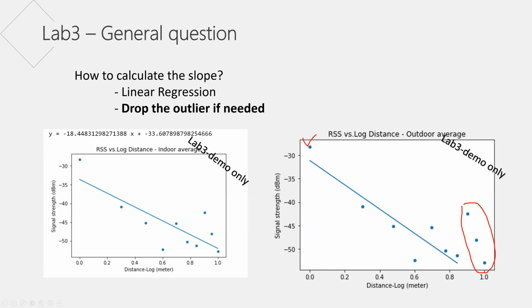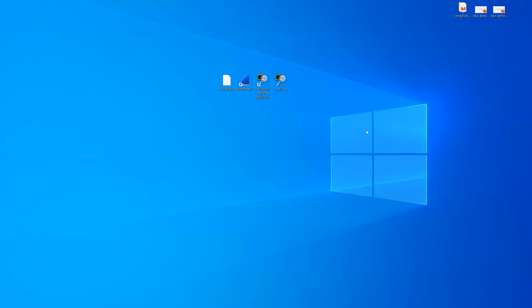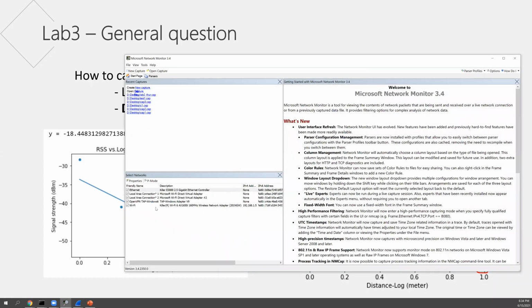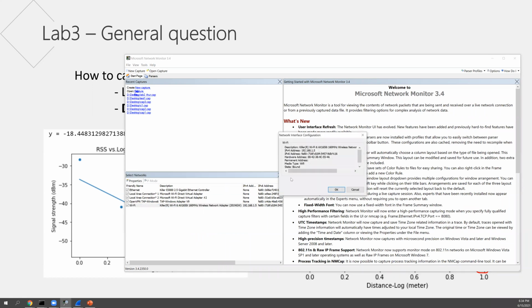Do we need to open monitor mode of Network Monitor when we capture the data? I don't think we can open the monitor mode here. Some computers will be able to do that, but mine is not.